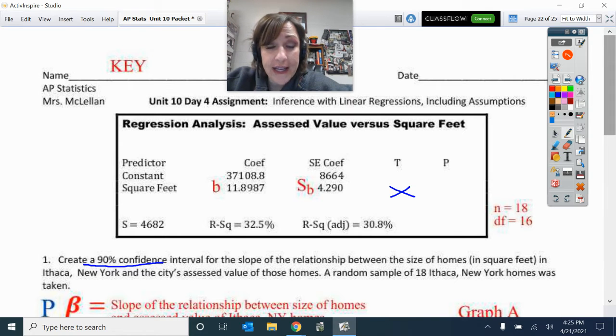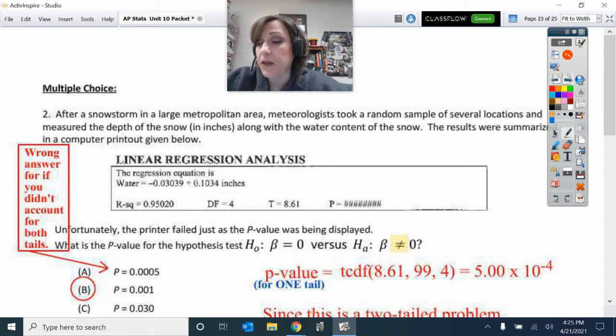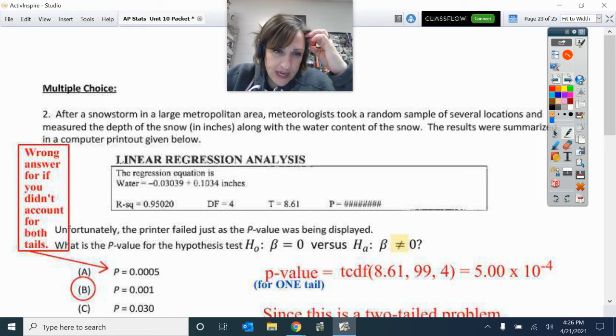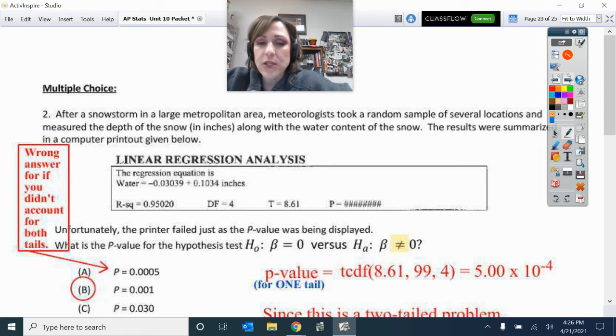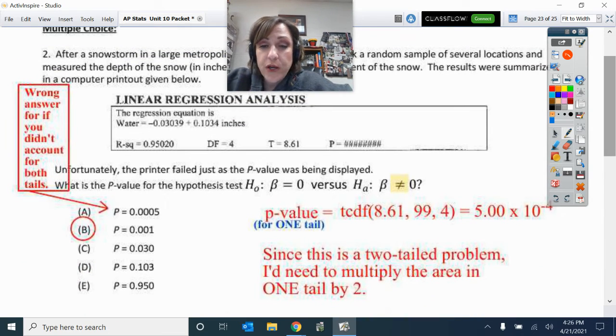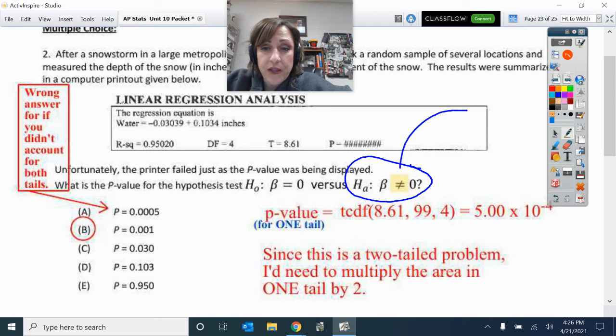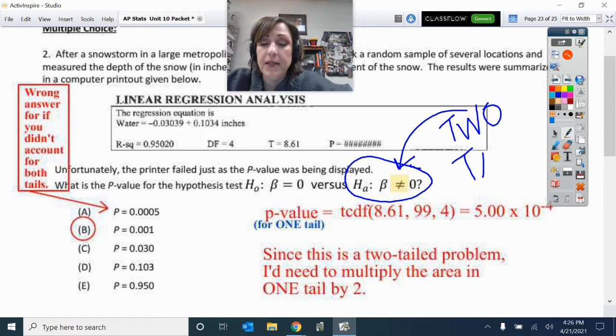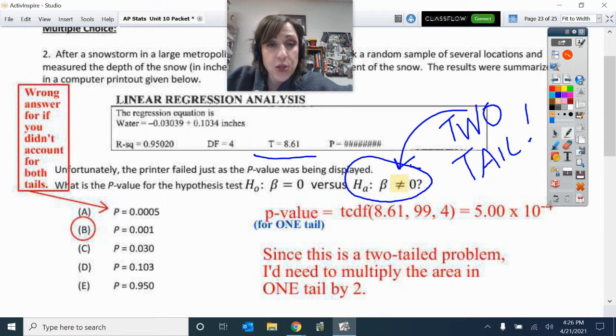Practicing LINER, the assumptions. Okie dokie, here we go. Here we had a printer that failed and did not write out the p-value. The null hypothesis was beta equals 0, and the alternative was beta is not equal to 0. So this is telling me that it is two-tailed. Here is a problem where you are being asked to compute with this t-score.